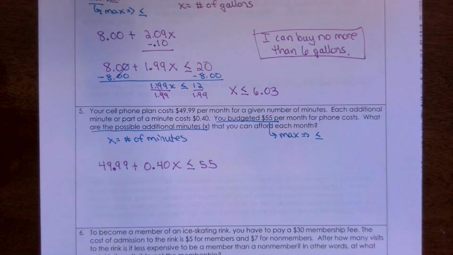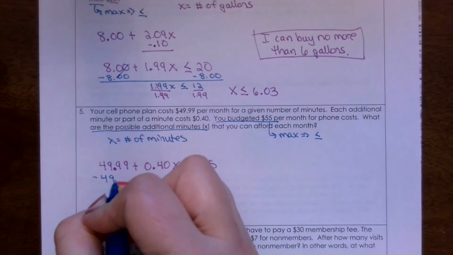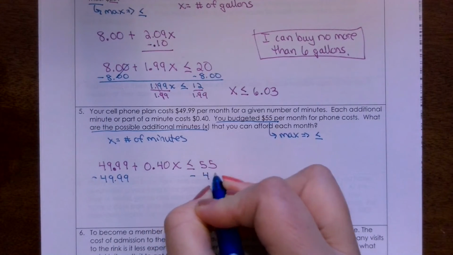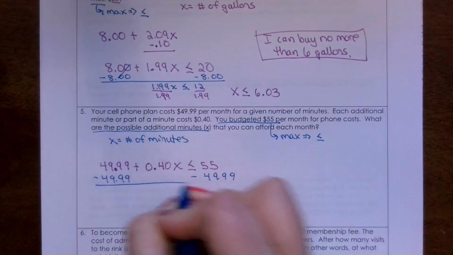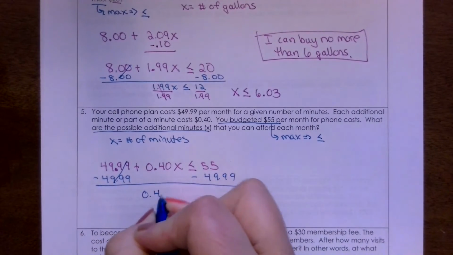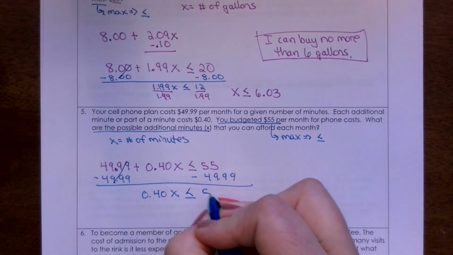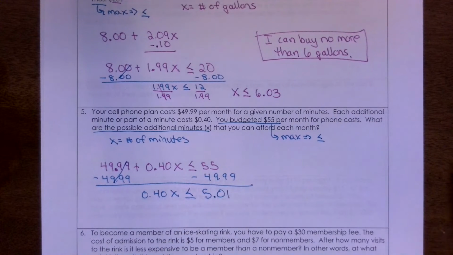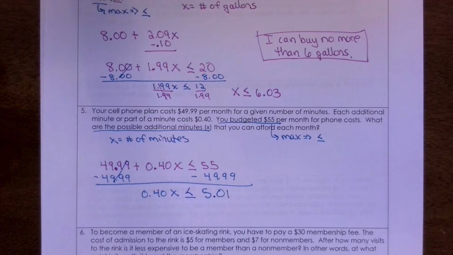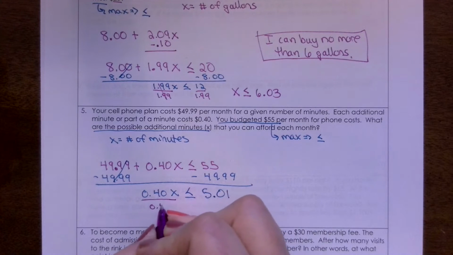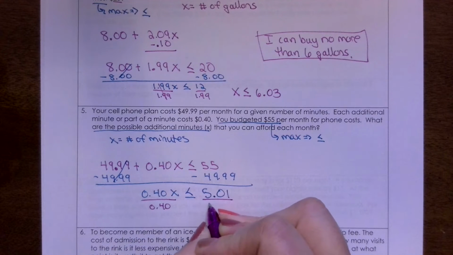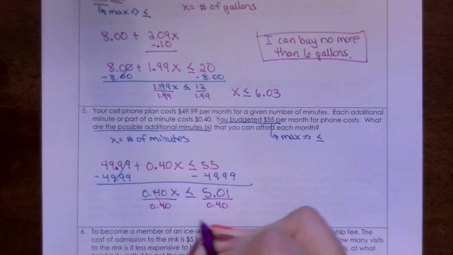So 55 minus $49.99, because I'm going to subtract $49.99 on both sides. And now I have 5 and 1/100, so 0.40x is less than or equal to 5.01. We'll divide both sides by a positive 0.40, so I do not have to flip the sign.